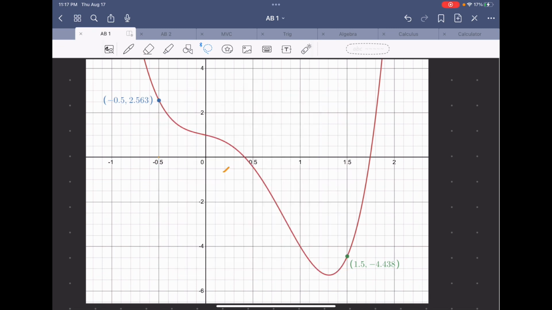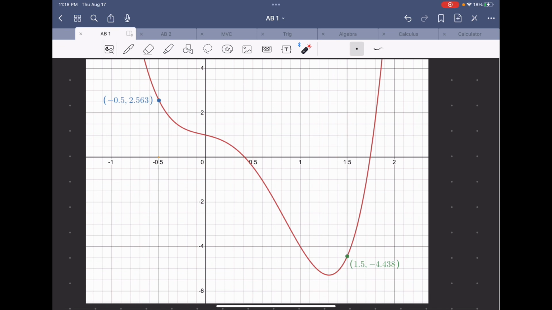So that's our graph, and you can see, since it's continuous, you have to be able to get from this point here to this point here without picking up your pencil. And it could be going up and down, and it could be doing some crazy stuff in between those two points, but it has to hit every single y value between these two other y values.